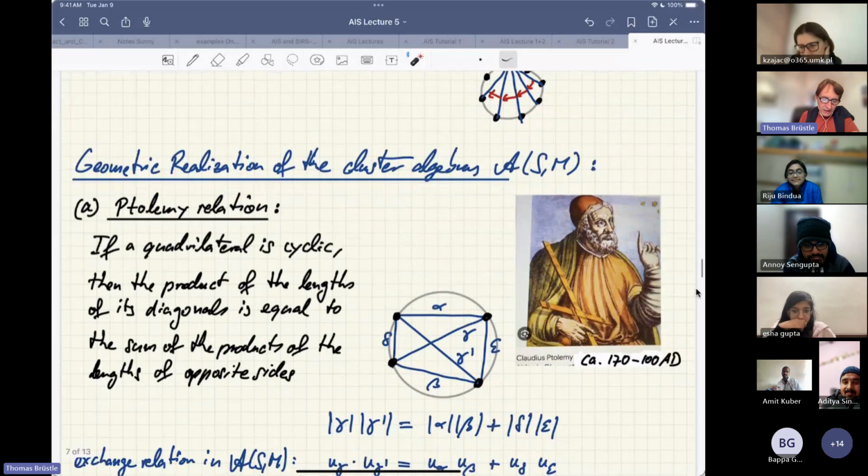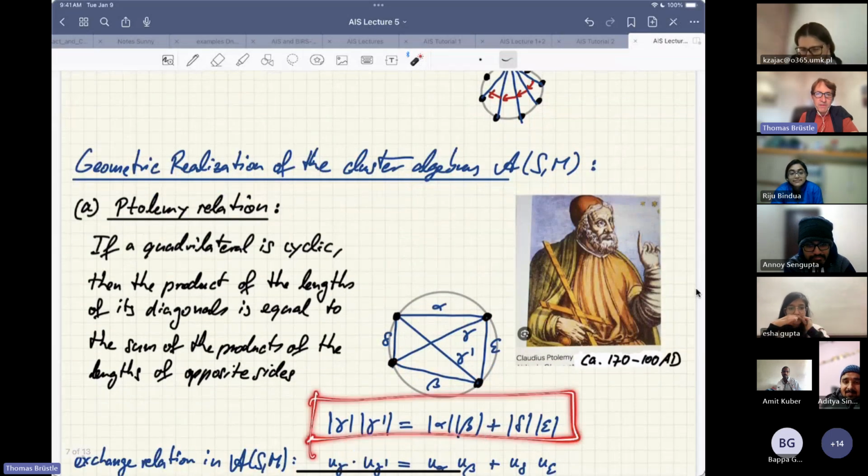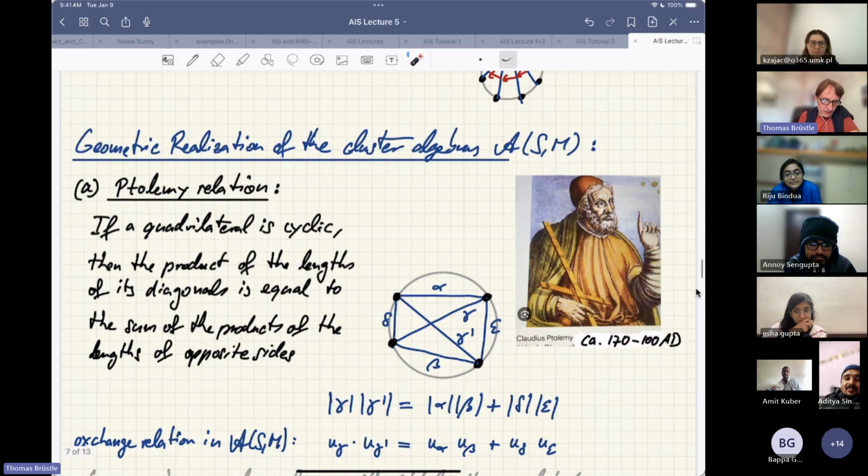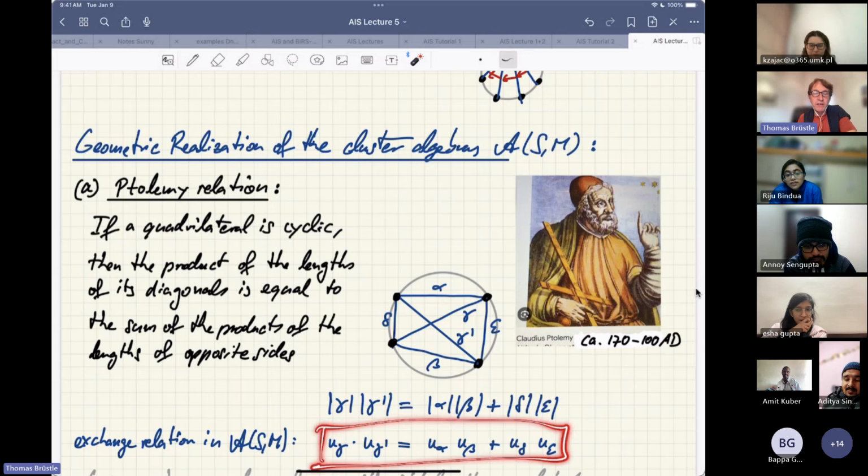So Ptolemy gave us this relation for the lengths of diagonals on a cycle, okay? And this is the exchange relation that we have in this cluster algebra. I mean, instead of the arc, I consider the corresponding cluster variable, and they are exactly following this rule.